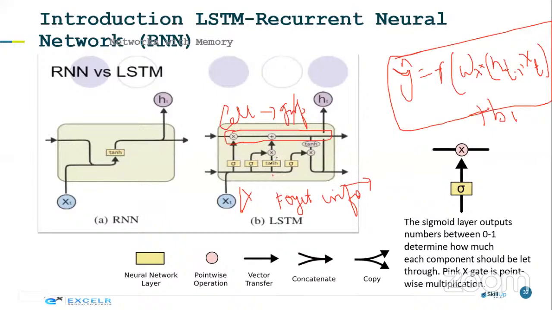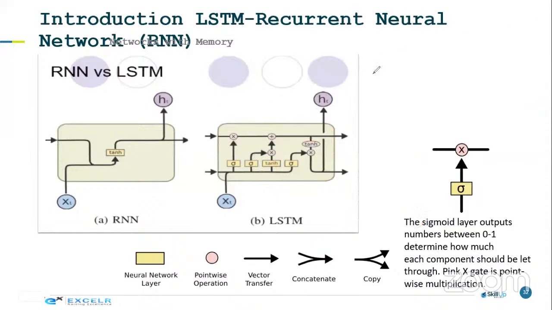Once we carry that information, at the input gate we give additional info, and on the basis of this we generate the output. That is what is happening. I know it looks somewhat complex, but don't worry. I will go through all of it, each and everything one by one.